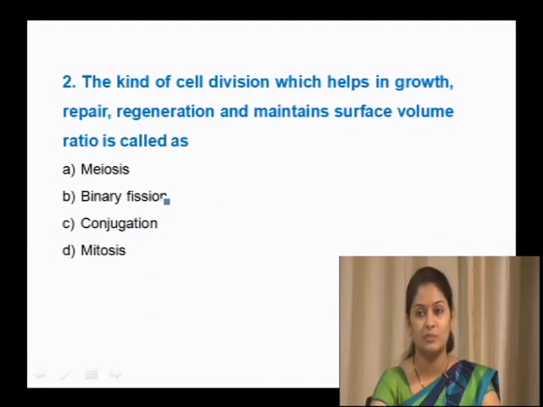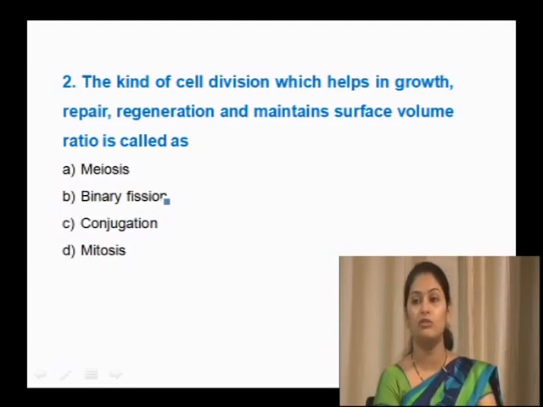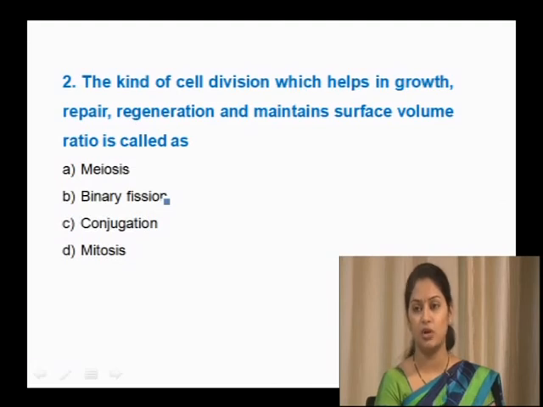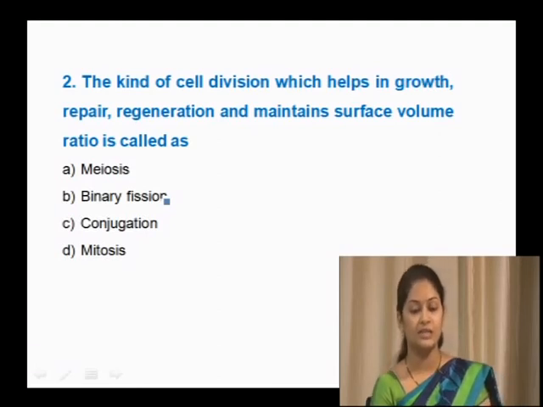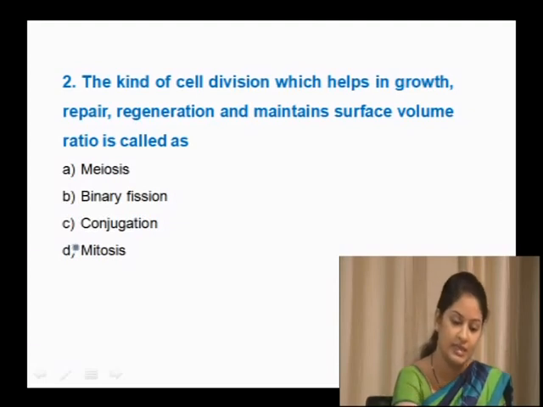Once the cell expands, the cell surface increases, therefore the volume and surface will not match, so they have to be brought back to normal, and for doing so the cell must be divided into two. Therefore, the answer for this question is D, that is mitosis.